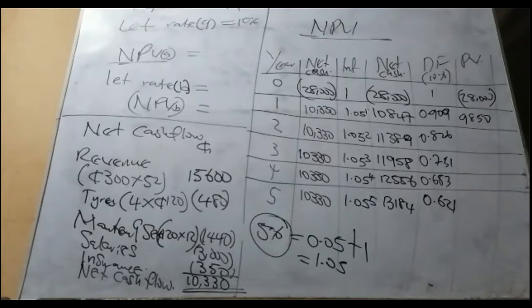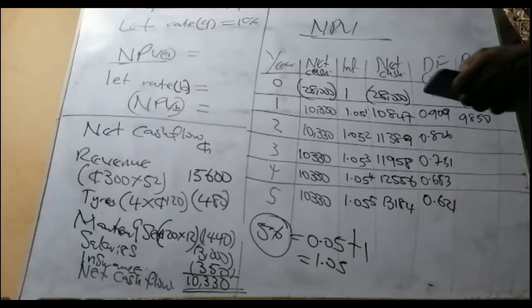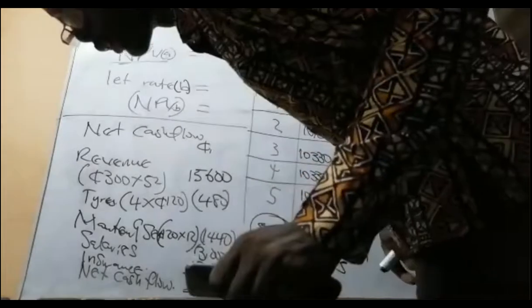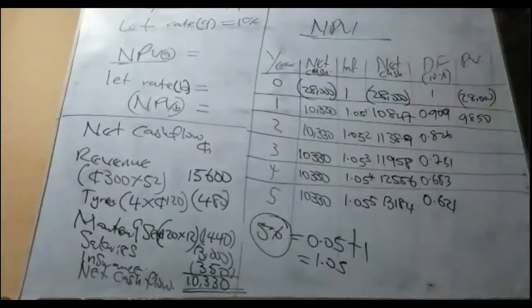Second one will be 11,389 by 0.826. That'll give us 9902.3. Okay, good.